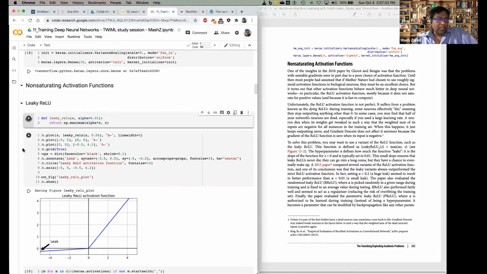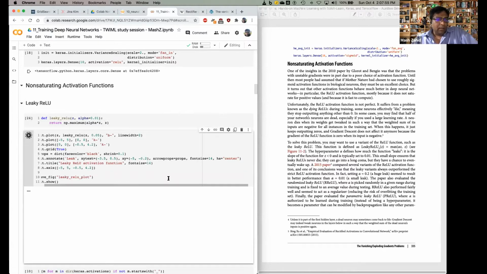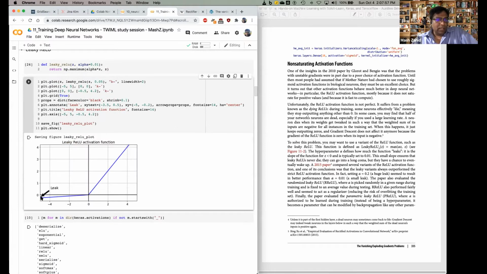We run it and let's plot it. And of course, here it is. While it still goes up, on the other end for negative values, here's that leak. It begins to gradually allow a non-zero number. So now you've resolved the saturation for these lower negative values.